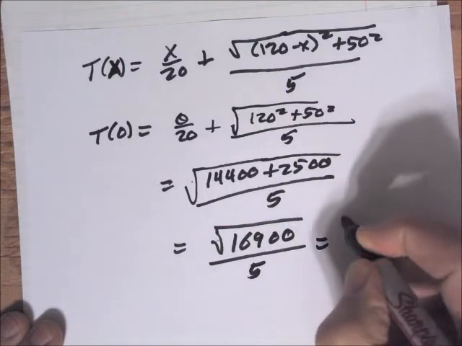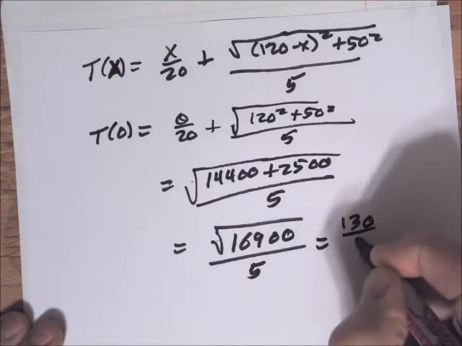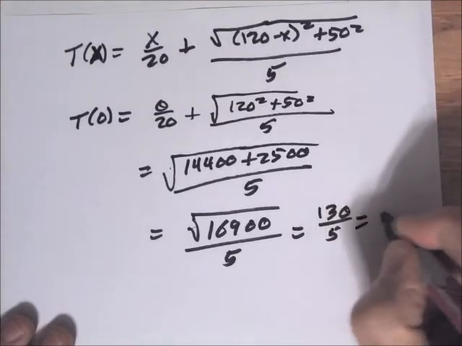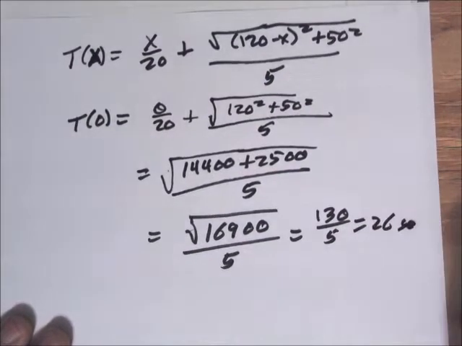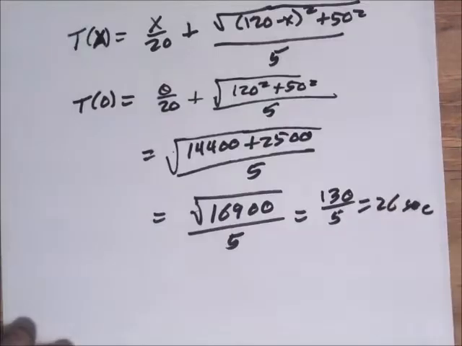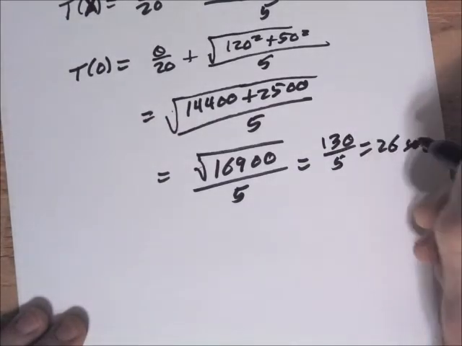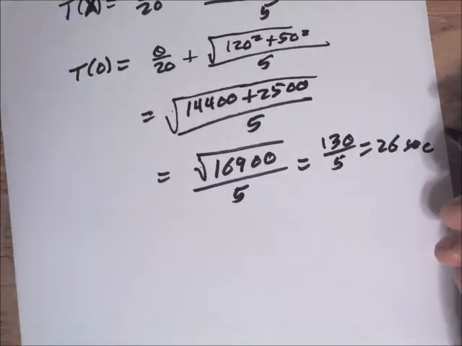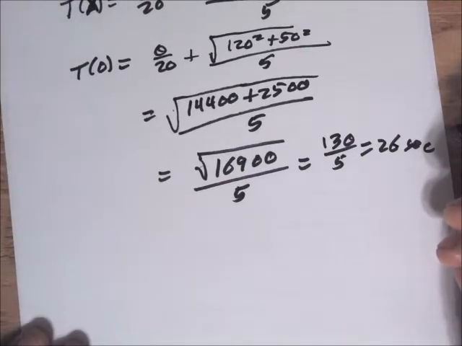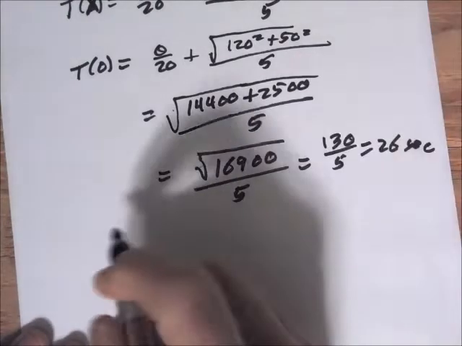Square root of 169 is 13, and add a 0. So this is going to be 26 seconds. So t of 0 is 26 seconds. So if the lifeguard jumps directly into the water, it'll take 26 seconds to reach there.